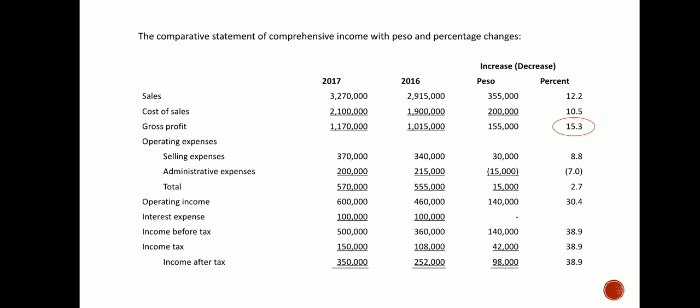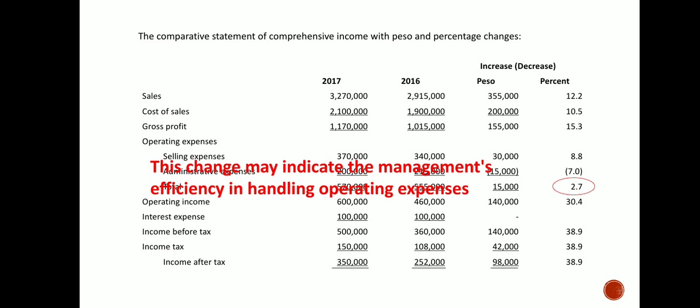As shown on the statement of comprehensive income, the percentage of increase in operating expenses was only 2.7%. So this change may indicate the management's efficiency in handling the operating expenses, although sales revenue increased by 12.2%.